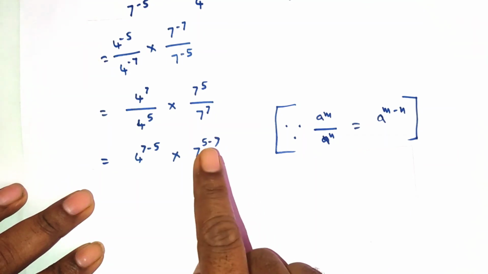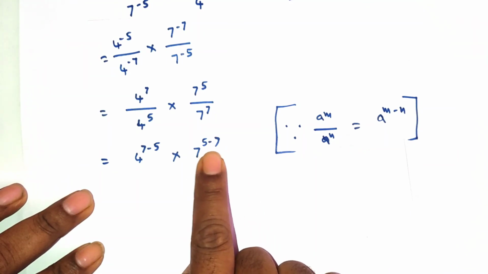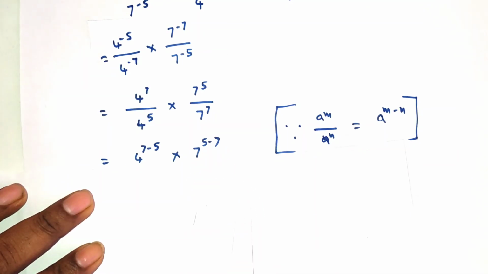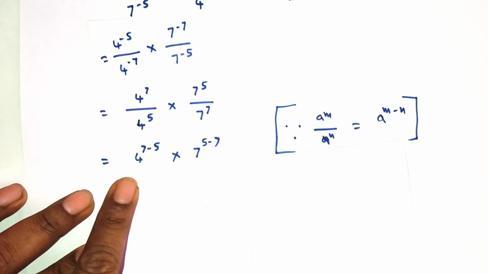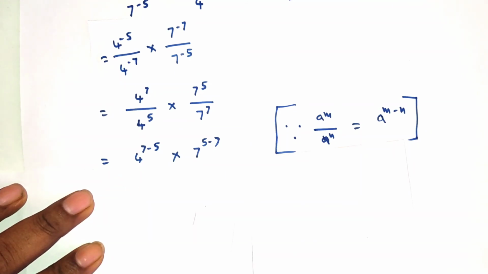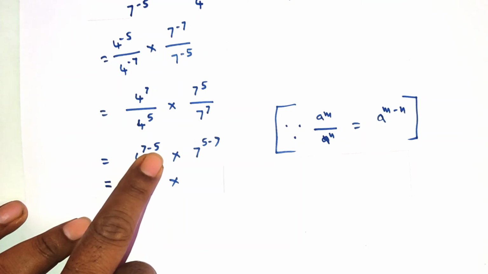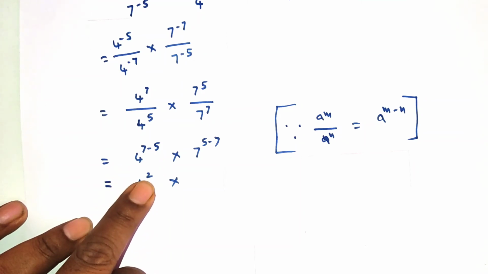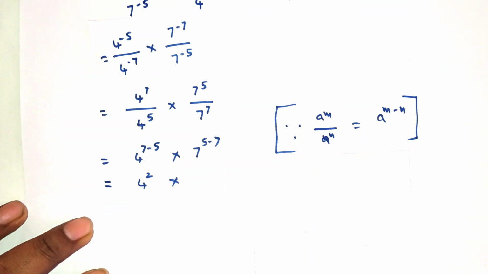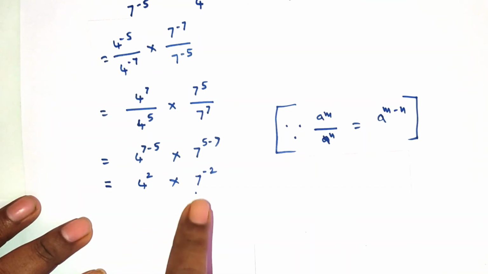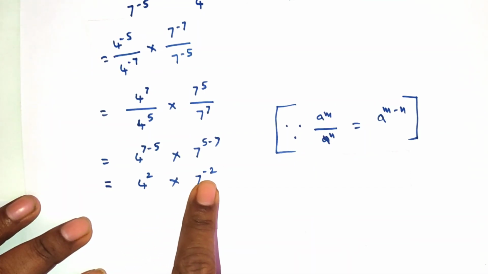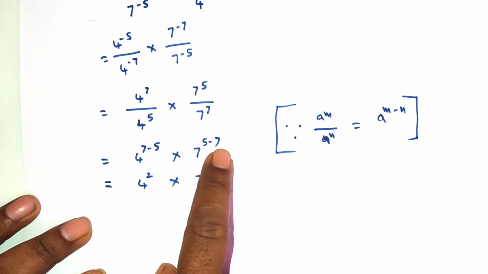Now we got 7 to the power of 5 minus 7. Let us simplify this further. Here we got 4 square, since 7 minus 5 is equal to 2. In the same way, we got exponent minus 2 here because 5 minus 7 is equal to minus 2.